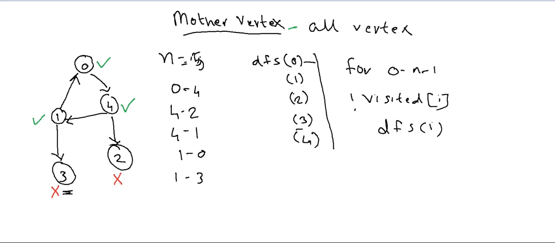When this call returns, we will have an integer variable mother vertex, and we're going to set it to maybe 0, and then here we're going to set mother vertex to i.